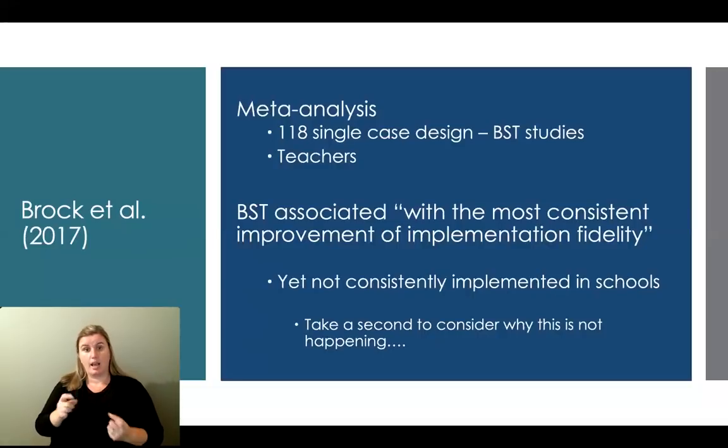So we know all of this about BST as being evidence-based, as being effective, as focusing on specific skills that are going to be relevant for our peer educators in their implementation in actual classrooms.